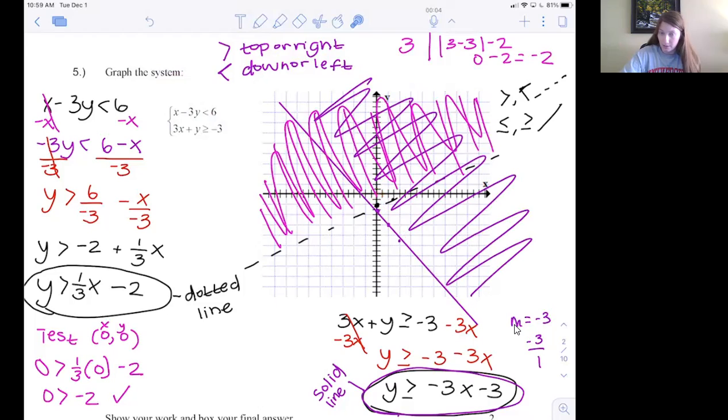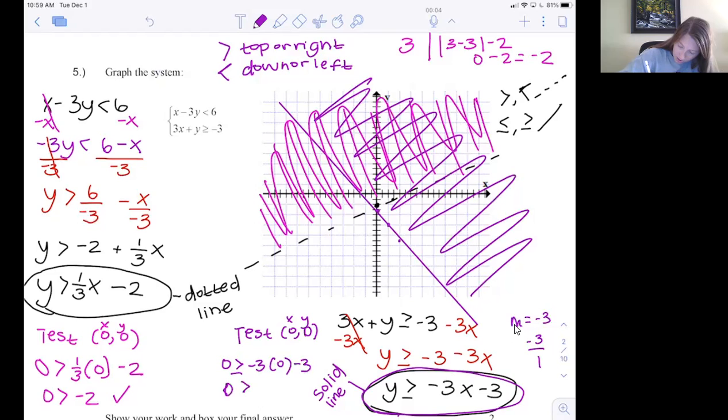The origin is not on the line, so I'm going to do that again just because zeros are nice. So I'm going to test 0, 0 again. That's my x and that's my y. So I just have 0 is greater than or equal to -3 times 0 minus 3, which is just 0 is greater than or equal to -3.